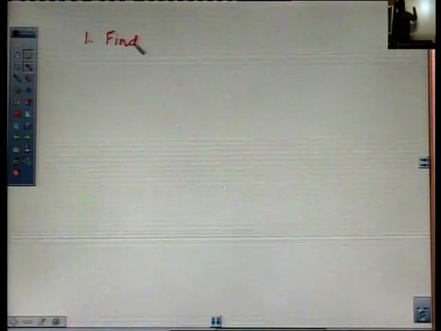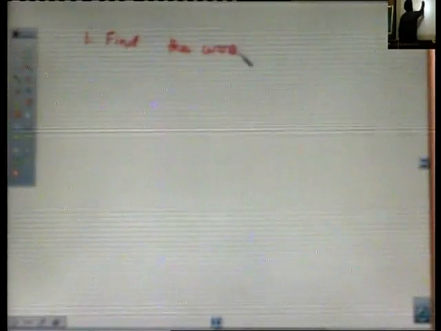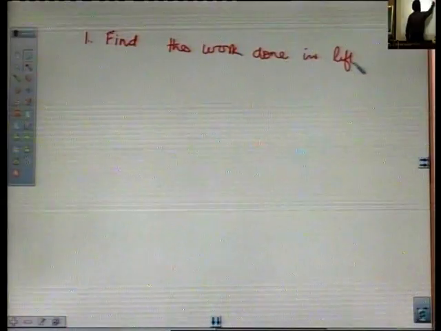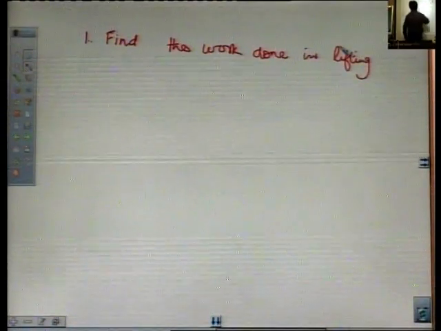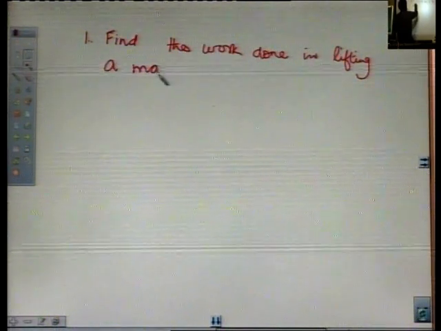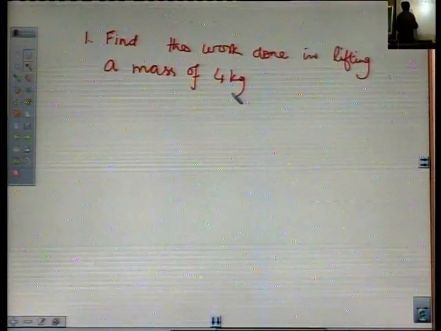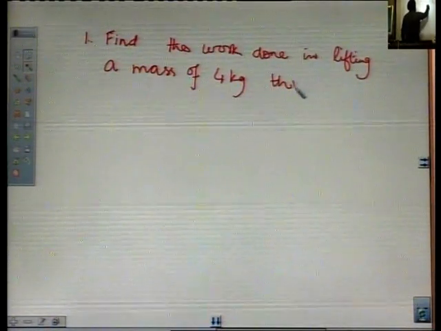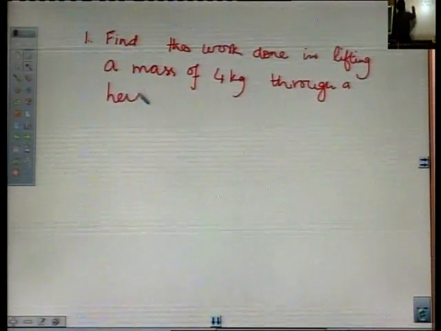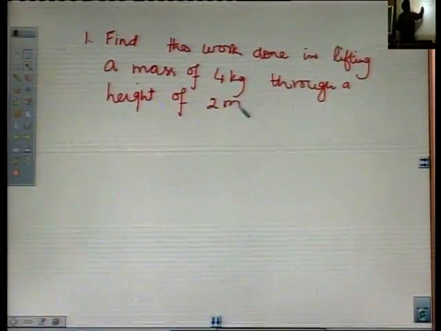Find the work done in lifting a mass of 4 kg through a height of 2 meters.